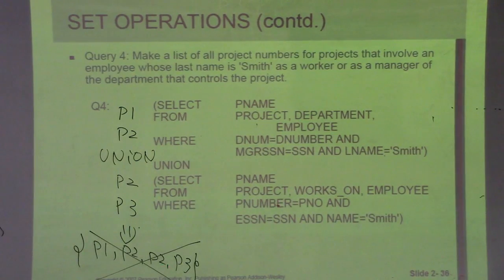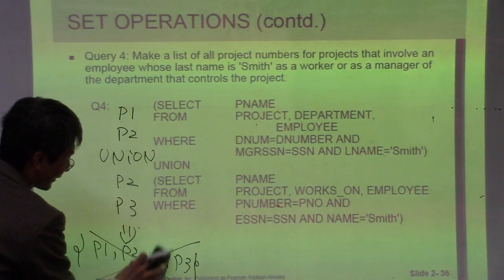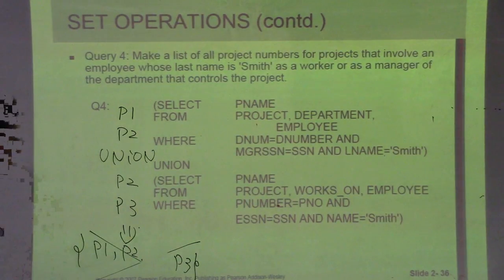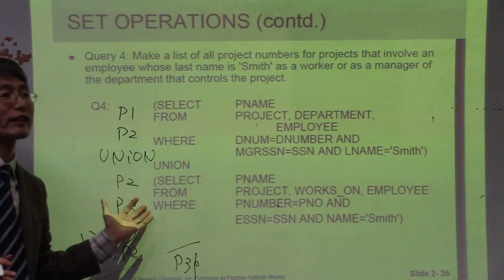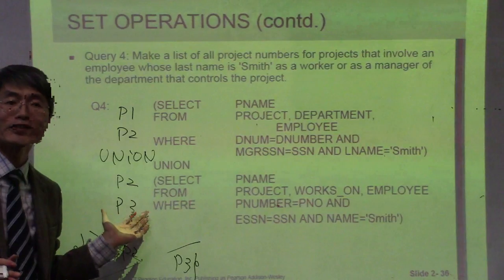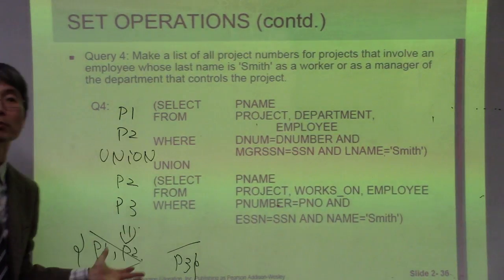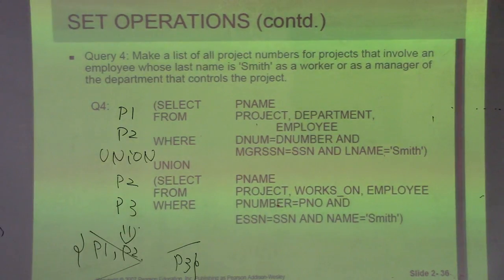The result is P1, P2, P3. This is the only exception in SQL. The union is a set operation, and it still keeps the characteristic of a set. It should be unique, so duplicates are automatically removed.